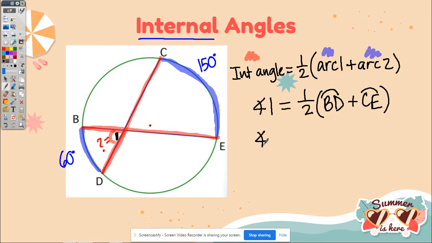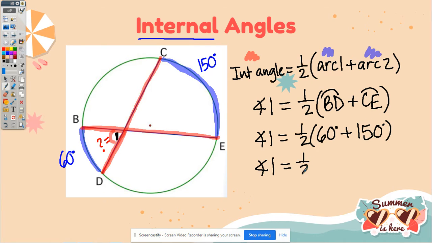So the measure of angle 1 is equal to 1/2 of 60 degrees plus 150 degrees. Remember PEMDAS, you have to do parentheses first. So 60 plus 150. Then take half of that number, same thing as dividing by 2. And we achieved our correct final answer, which is 105 degrees.